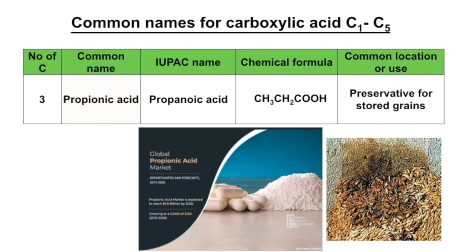If we want to store grain for a longer time, we need propionic acid so that the grain is still in good condition by the time we want to use it. This propionic acid is synthesized in powder form so that it can be mixed with the grains that we want to preserve.